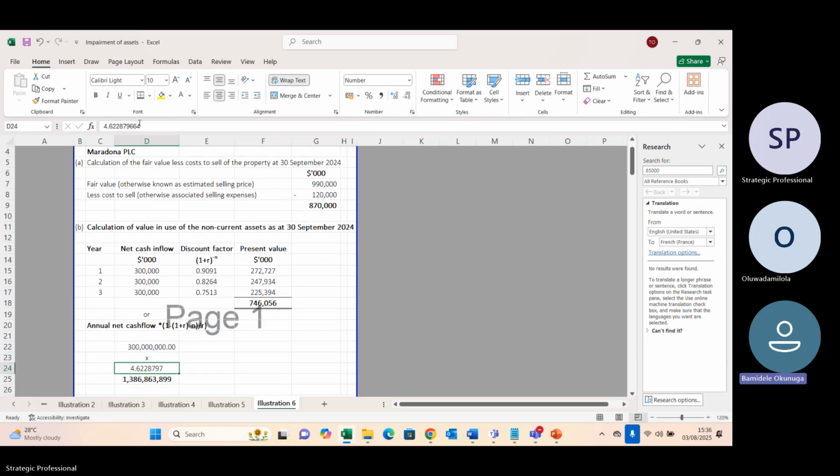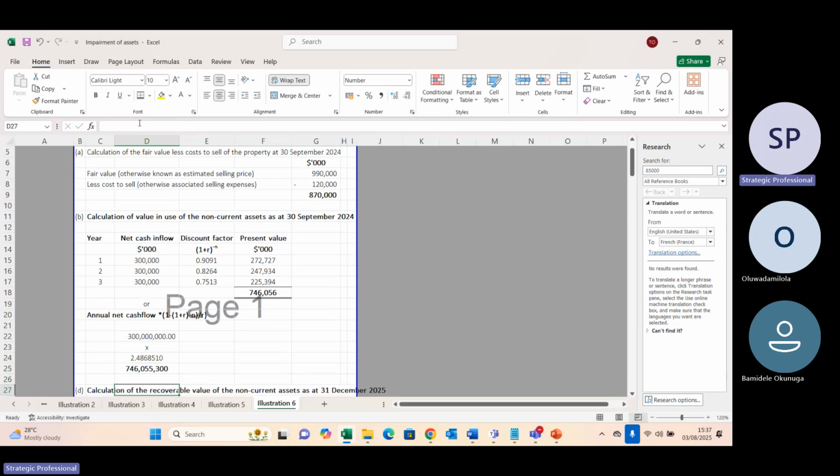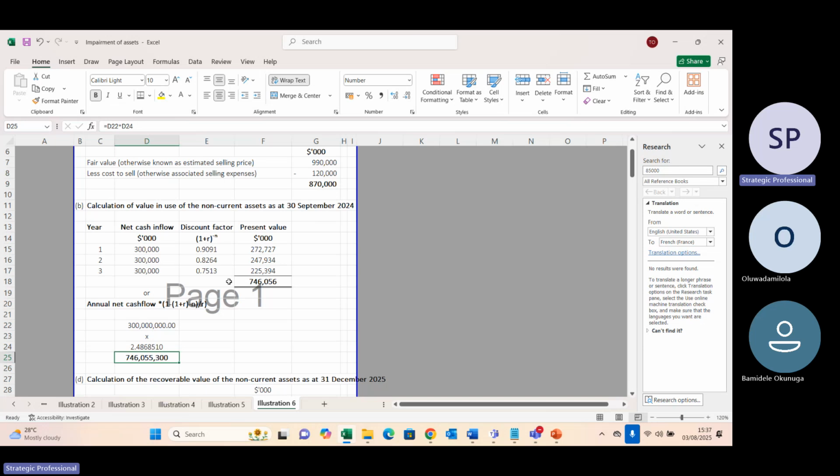The annuity factor is 2.487, or 2.486. Madam Dami, is this what you also got?